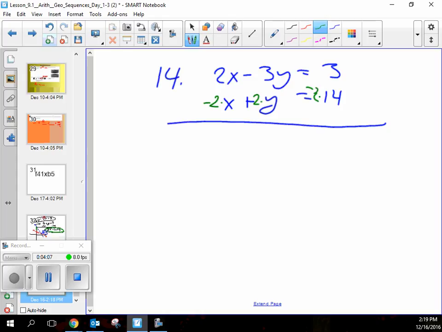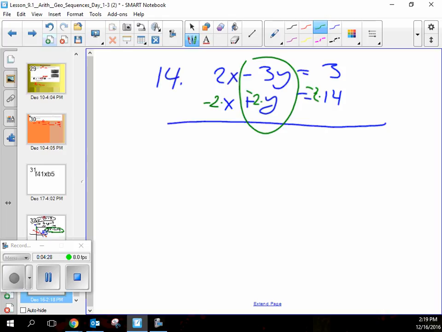You could have multiplied everything by 3, and you get how that would have fixed this. You could have multiplied by either negative 2 or positive 3. And honestly, positive 3 would have been a little easier because it wouldn't have had negatives. But it's okay. You can do it either way you want.